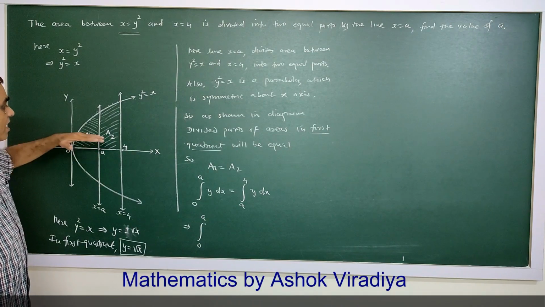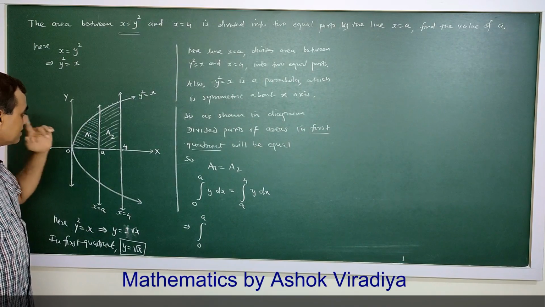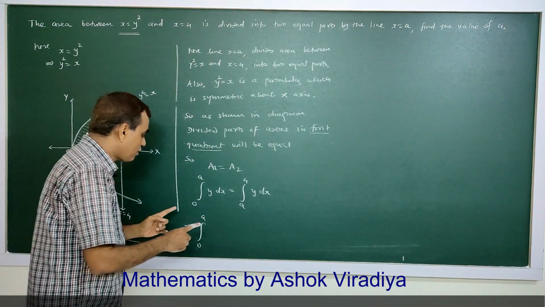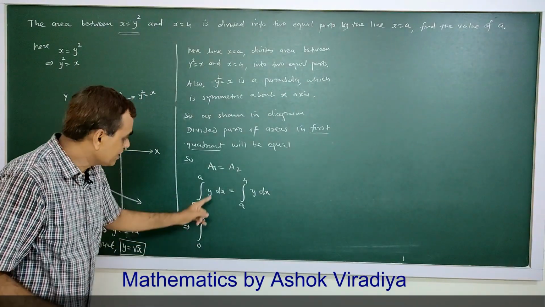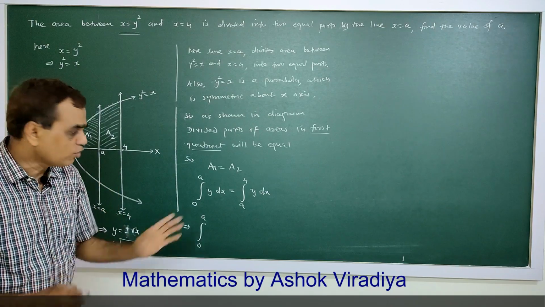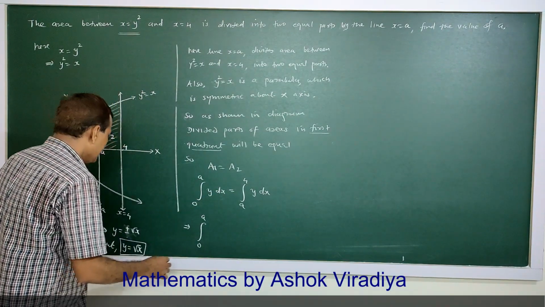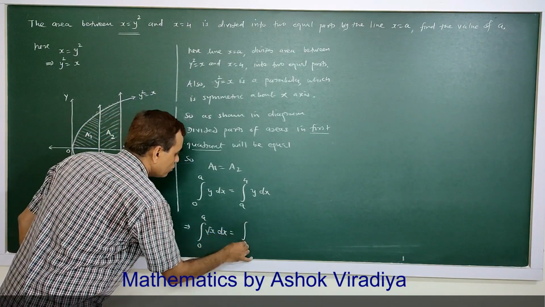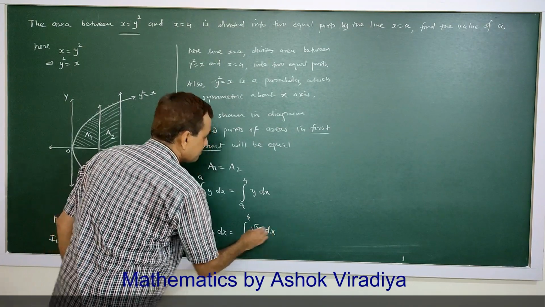Both regions are above the x-axis, so y is always positive and we do not keep a modulus sign. So integral from 0 to a of root x dx equals integral from a to 4 of root x dx.